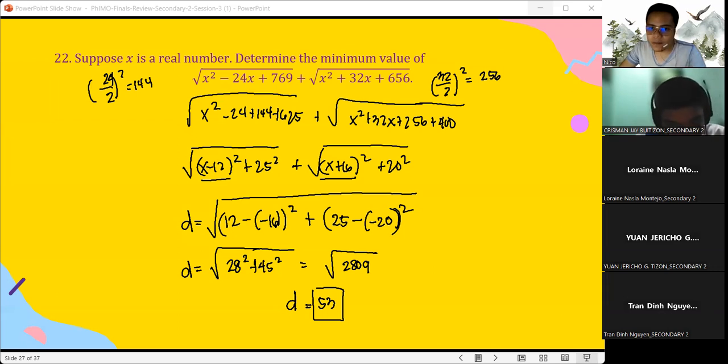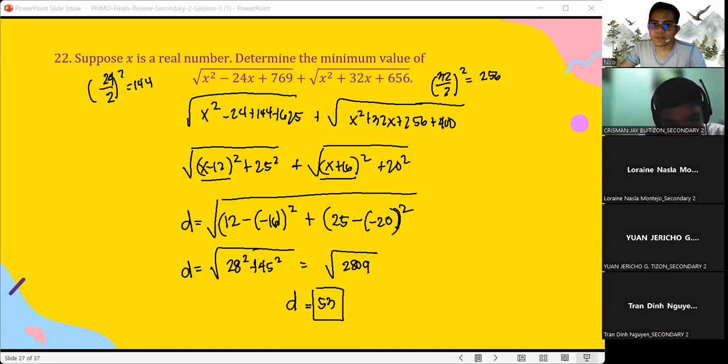Okay. So you just used the British flag theorem earlier on 21. So why did it become 20 ulit po? Again, when you want to get the minimum distance, the 3 points must be collinear.